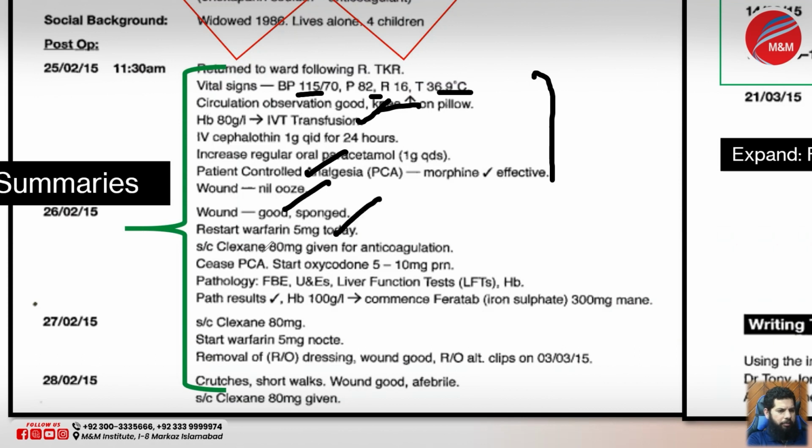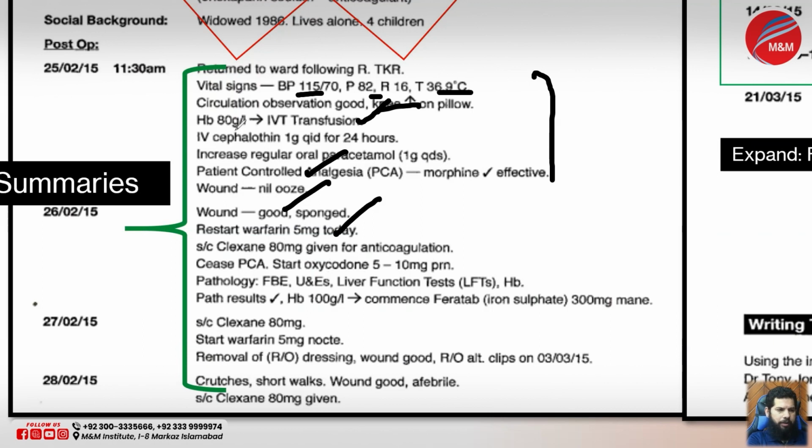Warfarin, we are starting again. Then Clexane, we have to change the dose, then start the oxycodone again. So these are simple ward management, a simple process of ward recovery after the surgery and rehabilitation. Whatever things are eventful, we just have to write down, and whatever things are uneventful, we have to omit.